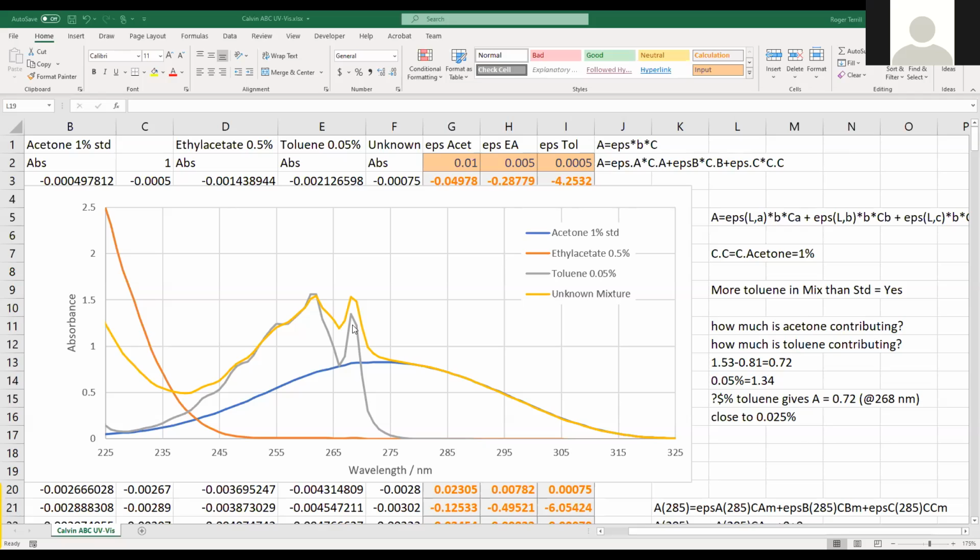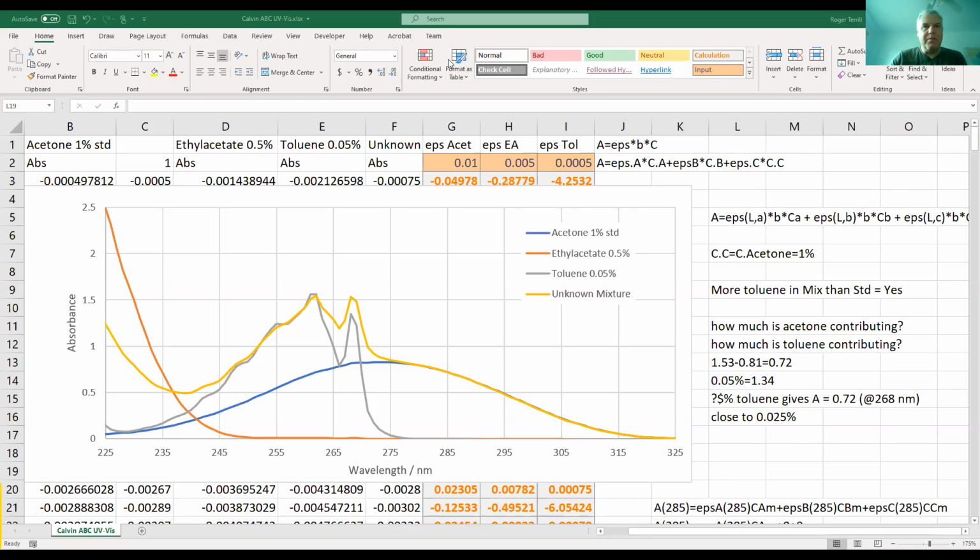Yeah, so he basically said take the difference at that exact wavelength to be left with toluene. Exactamundo. Okay. Abby? Yep. Excellent. Vincent? Yes. Gavin? Yeah. Excellent. Cool.